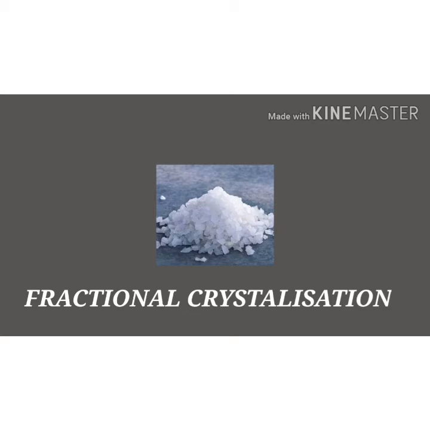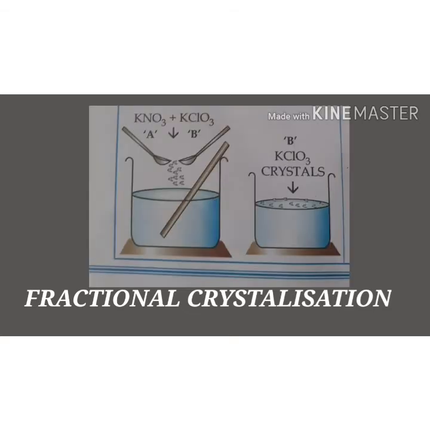large crystals. In fractional crystallization, we take two soluble solids in which one is more soluble and the other is less soluble in the solvent, water. In the example, the two solids taken are potassium nitrate and potassium chlorate, where potassium nitrate is fairly soluble and potassium chlorate is less soluble.